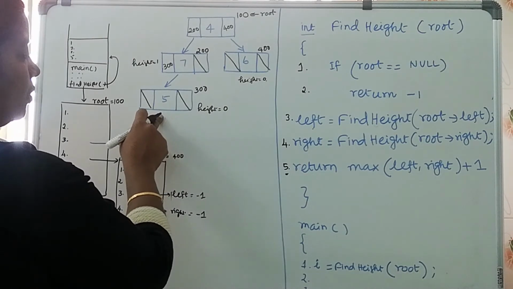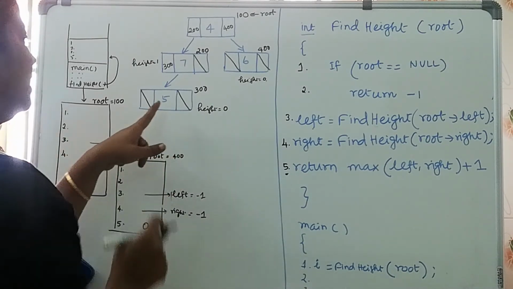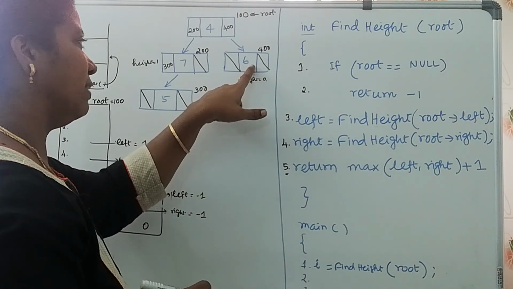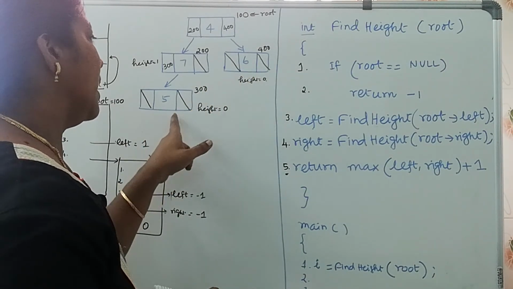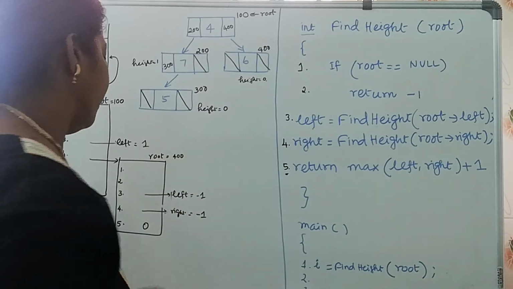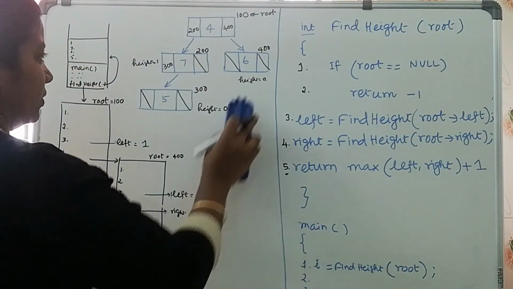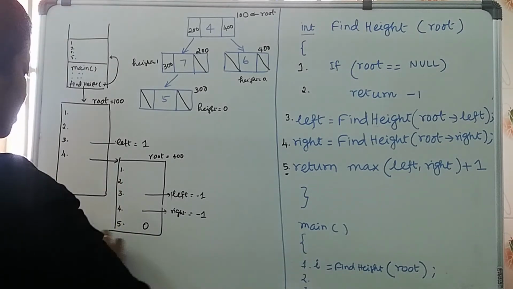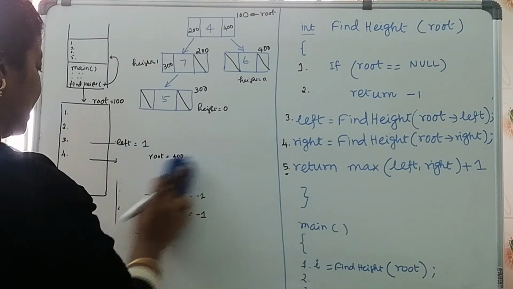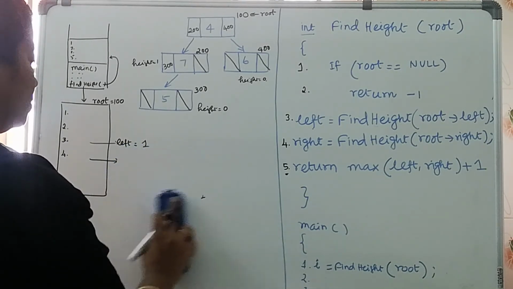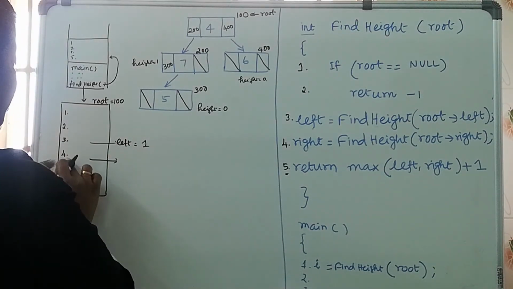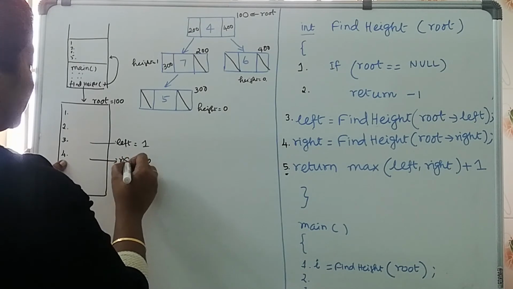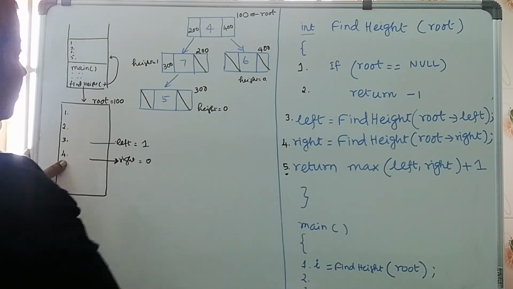The node whose key value is 5 has height 0, and both the nodes are leaf nodes. That returns back to where this has been called. It was called at line number 4, so it returns 0, and that gets assigned to right.